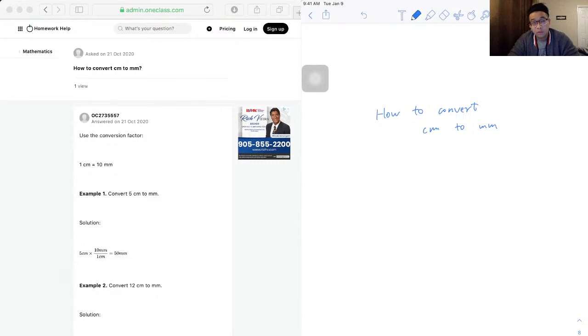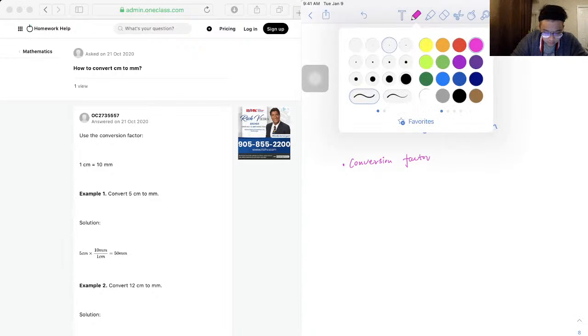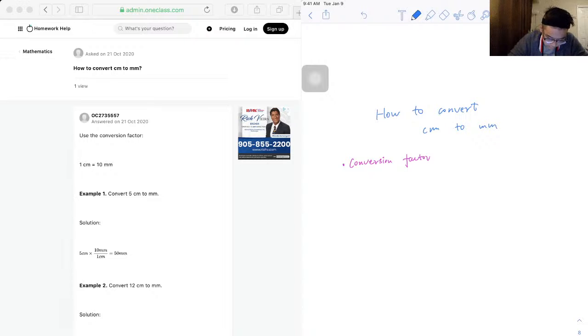Whenever you come across a conversion question like this, which asks us to convert something from one unit to another unit, we always need to find our conversion factor first. In this case, 1 cm is equal to 10 mm.